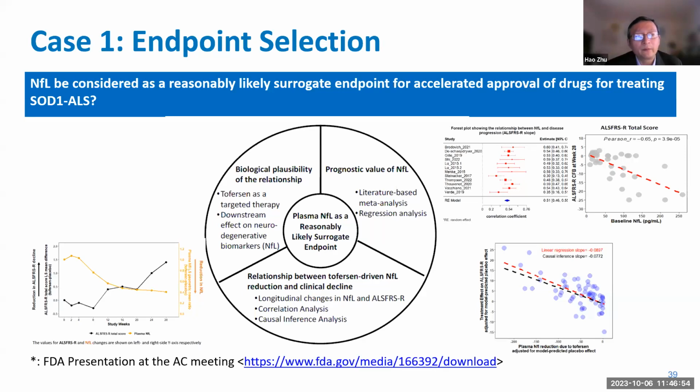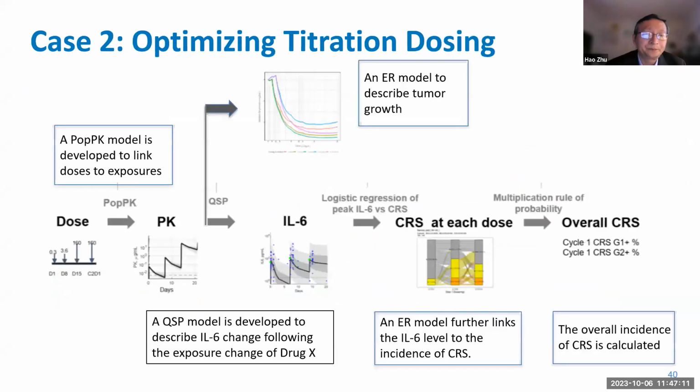All the pieces of information put together help us determine that NFL can be considered a reasonably likely surrogate endpoint, which can be applied to support accelerated approval for drugs that can be used to treat SOD1 ALS. Next one, please.